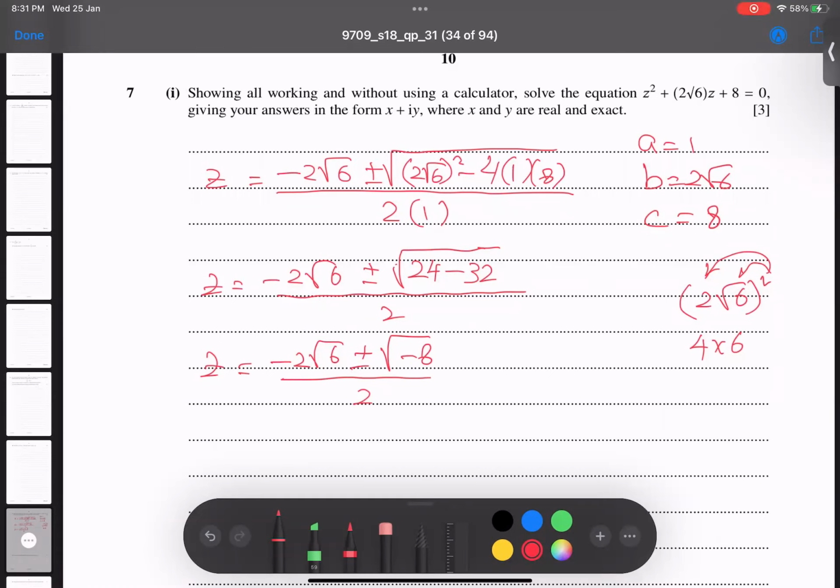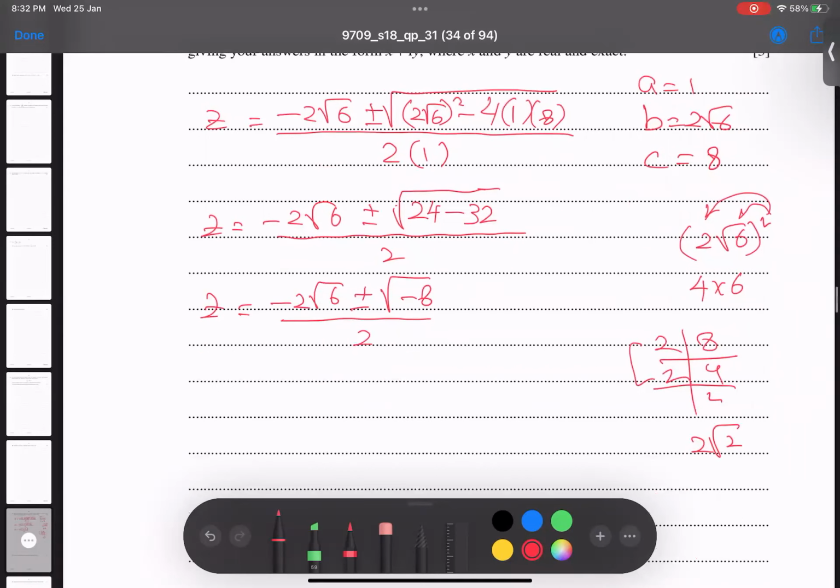If it comes negative 8, we have to split it. How to split it? You know it very well. Root 8 is 2 root 2. You can type it in the calculator, or 2 fours are 2 twos are, so this pair, 2 comes out and 2 stays inside. So you can type in the calculator, even 2 root of 6 plus and minus, and here I split 8 separately and minus 1 separately over 2.